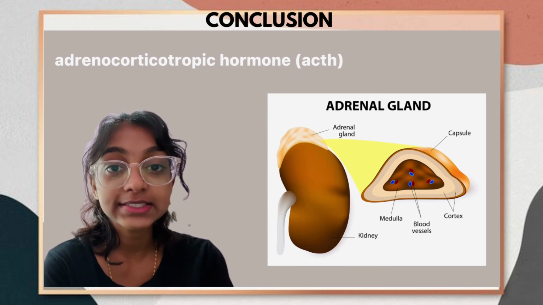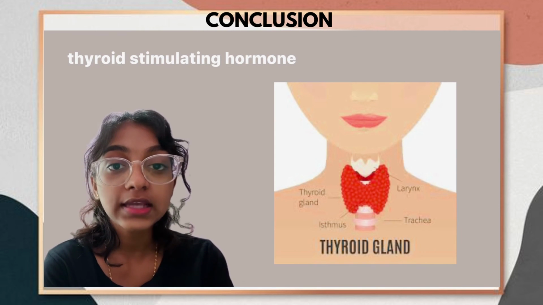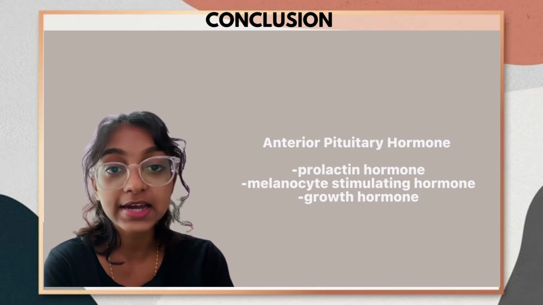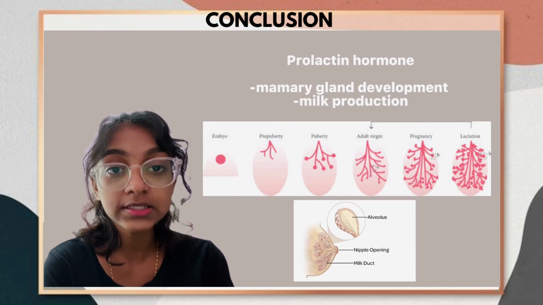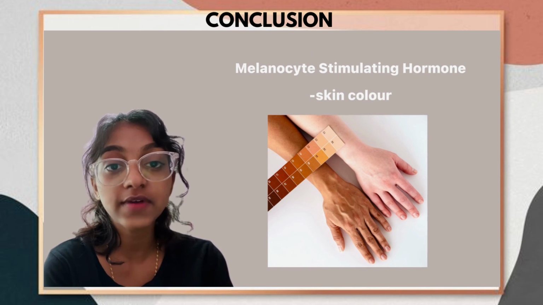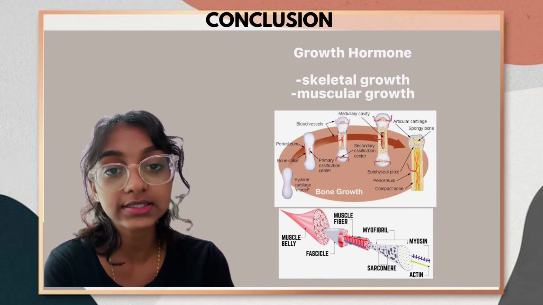Adrenocorticotropic hormone stimulates the adrenal glands, and thyroid stimulating hormone acts on the thyroid gland. Three anterior pituitary hormones act directly on tissues. Prolactin causes mammary gland development and milk production. Melanocyte stimulating hormone affects the skin color, and growth hormone causes skeletal and muscular growth.